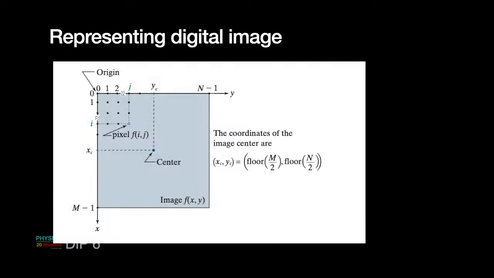So, in the last class, we have understood how an image can be quantized and then digitized. The word quantization means in the XY plane, you are dividing the entire image into a certain number of points.